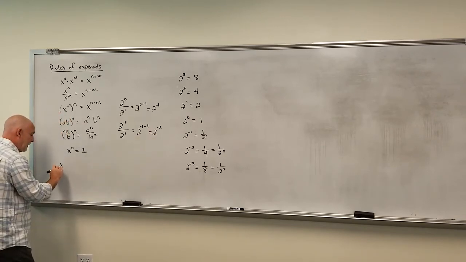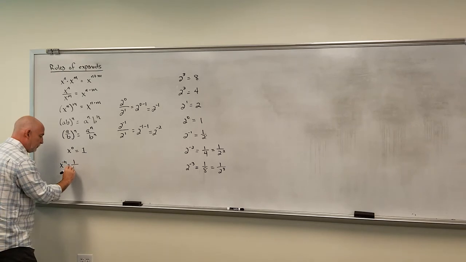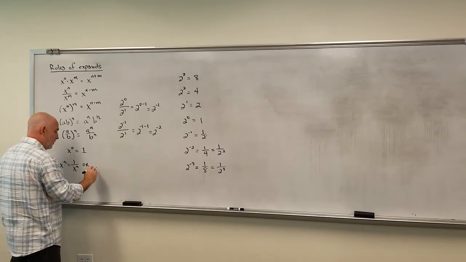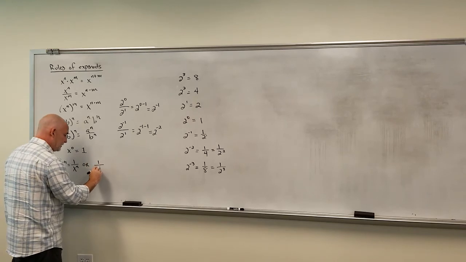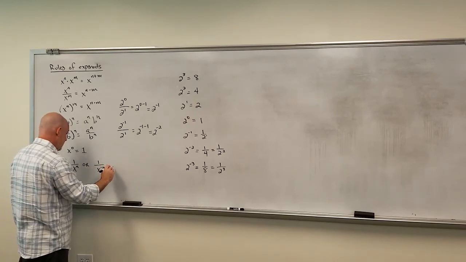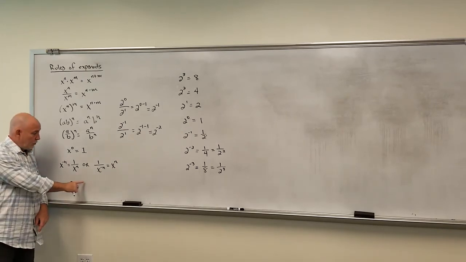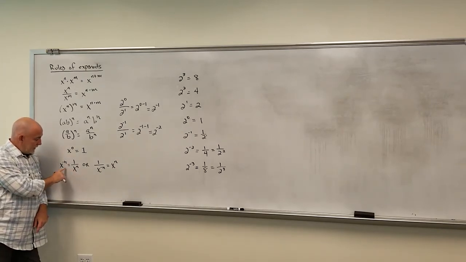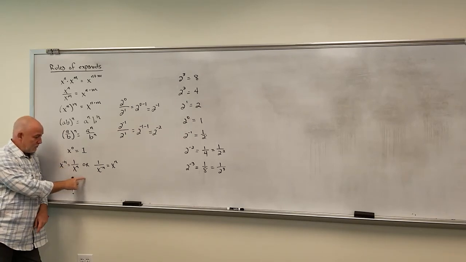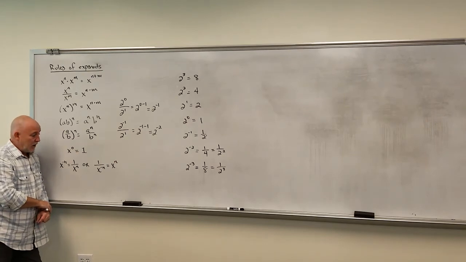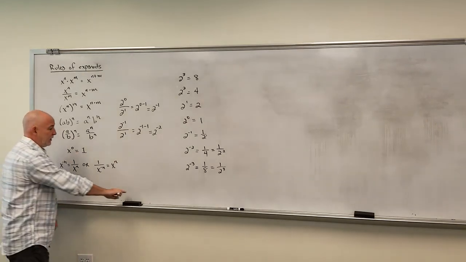If you have x to a negative power, we can rewrite that as 1 over x to the positive power, or if you have 1 over x to a negative power, we can write that as positive. So the idea of this last rule is if you have a negative exponent, it either moves from the top to the bottom or the bottom to the top. It moves to the other side of the division bar, and then the exponent becomes positive.